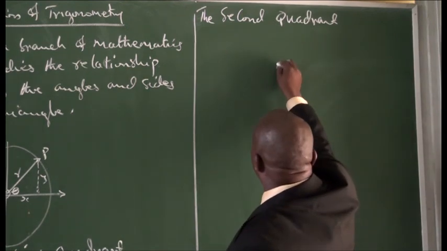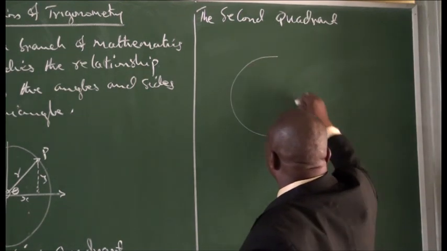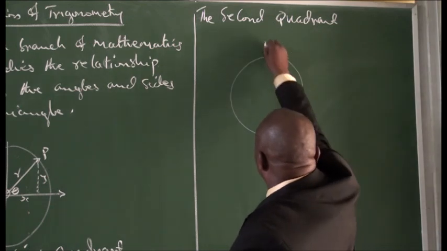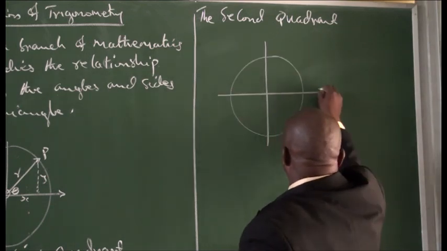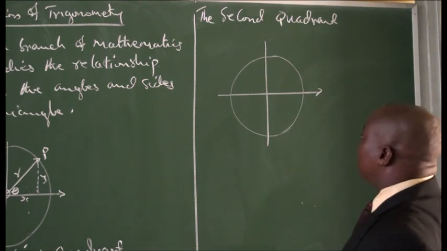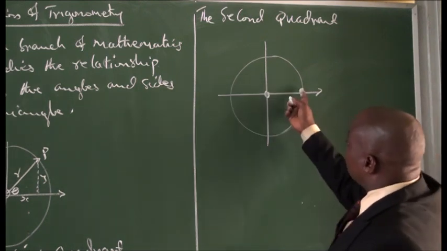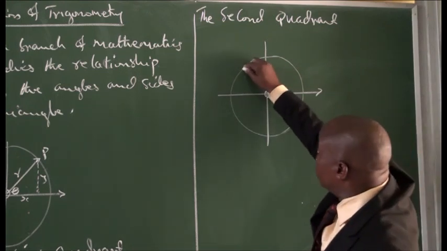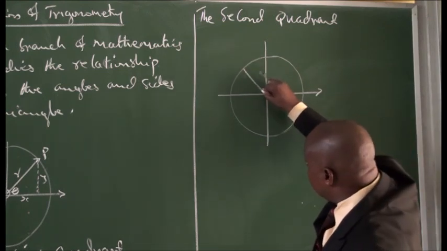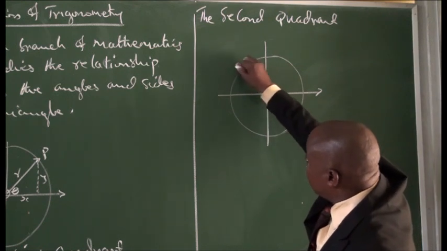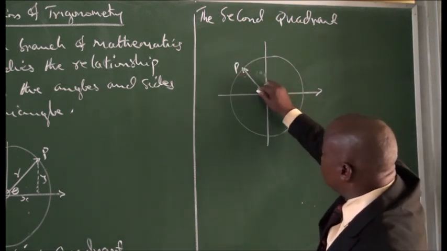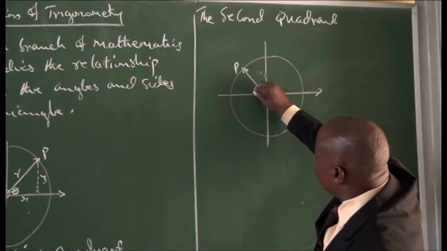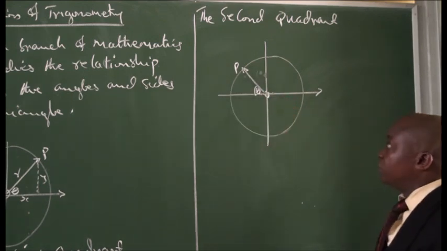We also consider the second quadrant. Now the line OP has rotated anti-clockwise to the second quadrant. Look at here. And if that happens here, it forms angle theta here.